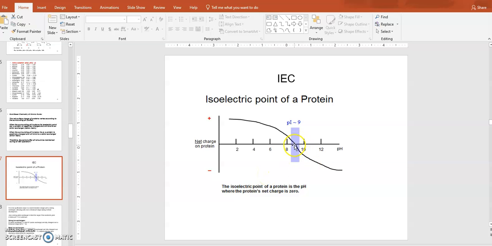Let's say your protein is dissolved in a buffer that has a pH value of 9. Then its overall charge will be neutral. It's not charged, right? However, if your protein is dissolved in a buffer that has a pH of, for example, 10, then it's going to be slightly negatively charged. What if it's dissolved in a buffer with a pH of maybe 11 or 12?